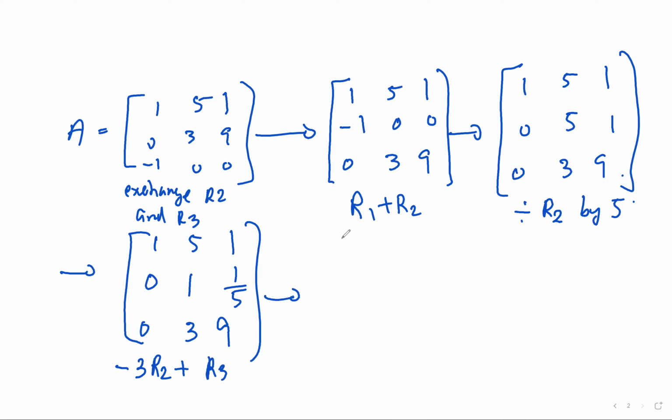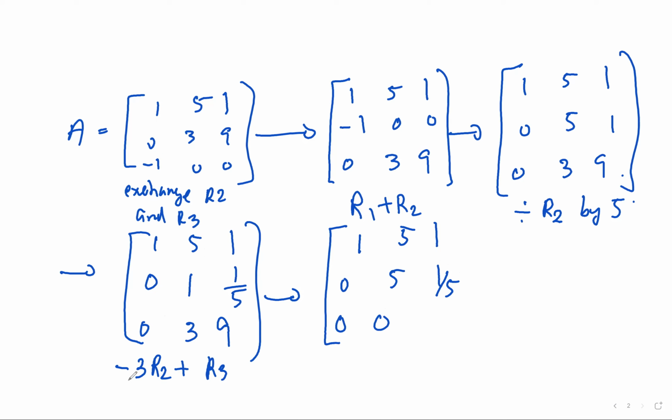And what we will get is 1, 5, 1, 0, 5, 1, and then we multiply this. Sorry, it's 1 over 5. So now multiply this by 3 and add it to this. So 3 times 0 plus 0 makes no sense. Now we have -3 times 1 is -3, plus 3 is 0.